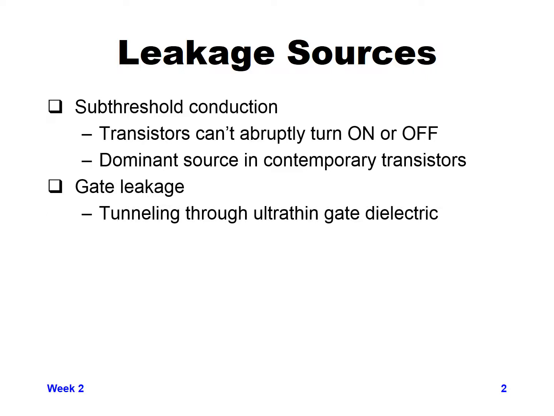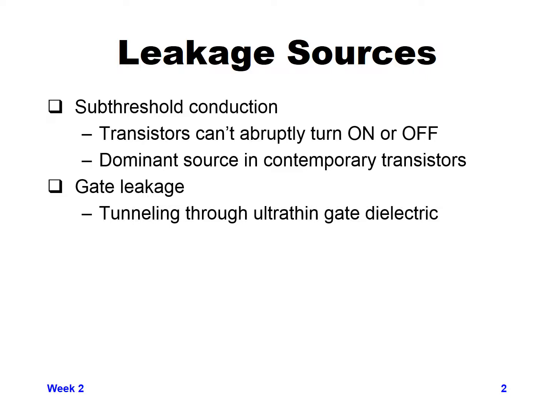Another source is gate leakage. You can actually get tunneling through your gate dielectric. When I talk about the gate of a transistor, I've been saying silicon dioxide, gate oxide. It turns out several process generations ago, as the gate dielectric kept getting thinner and thinner, we started getting significant amounts of leakage through the gate.